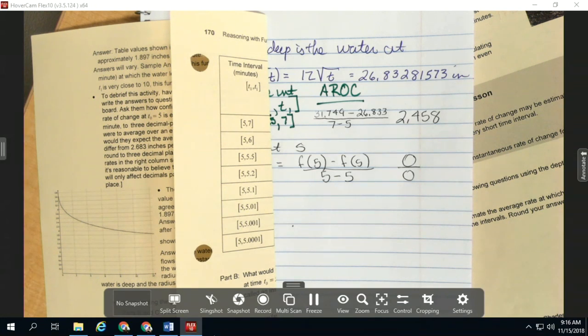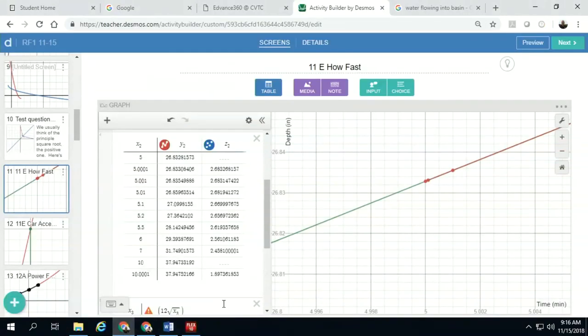0 divided by any number is 0. If the denominator is 0, we know we can't do the math. So the answer is either 0 or 1, or we can't do the math. Okay? All three of those are possible correct answers. Now, we know for a fact that the slope at 5 is not 0, it's not 1, and it's not that we can't figure it out, because the slope at 5 is pretty dang close to whatever this is.